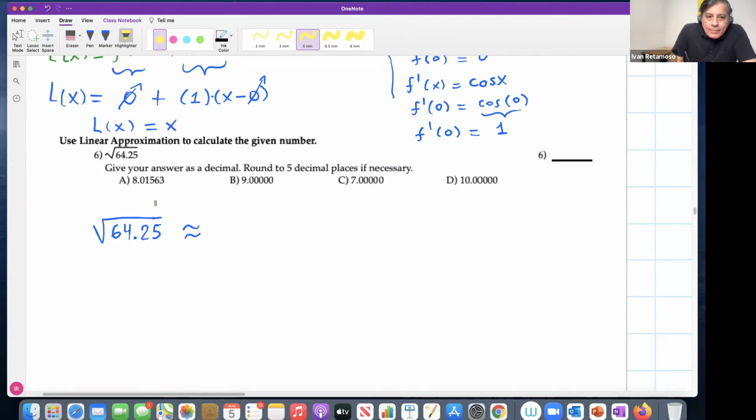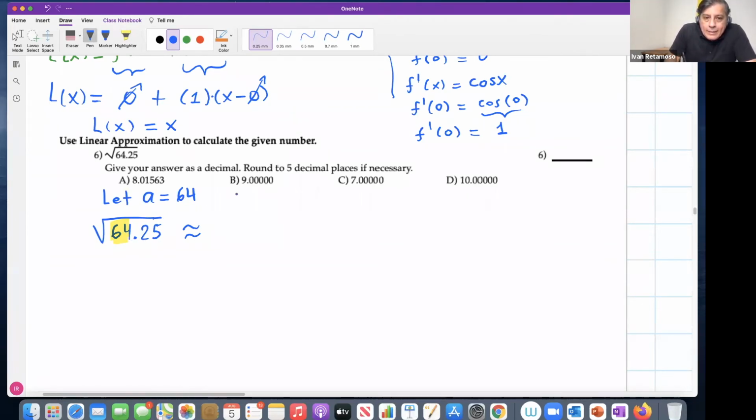For the base point, choose some real number such as 64 here, whose square root is easy to compute. So let a be equal to 64. The base point has to be close to this number, and 64 is close to 64.25, so it makes sense.